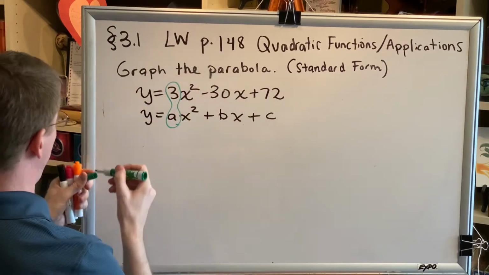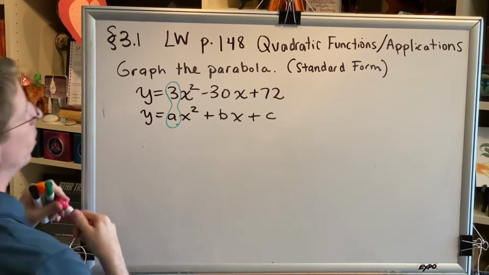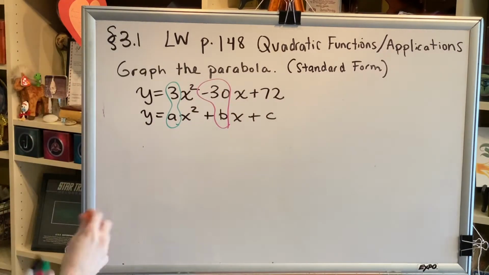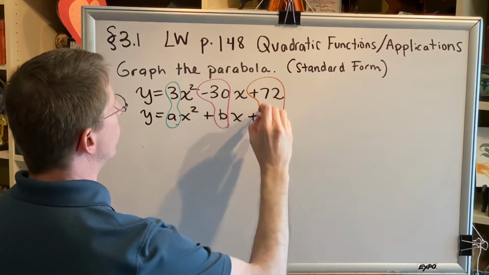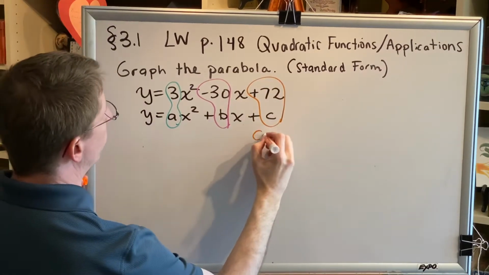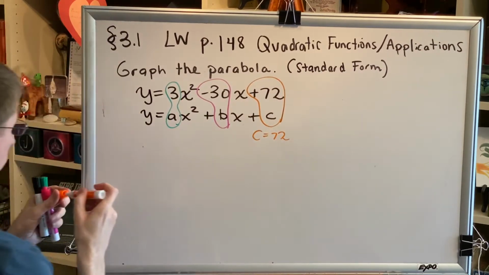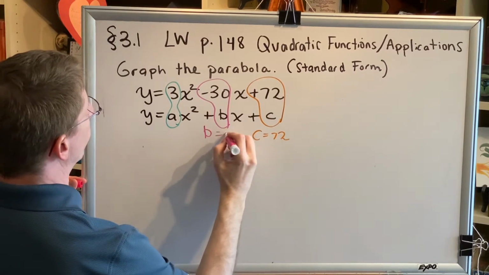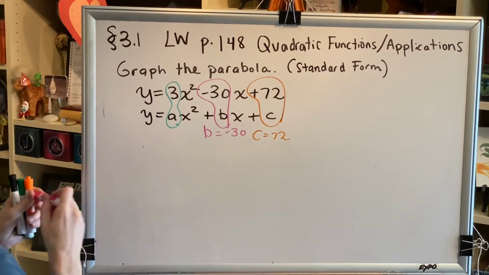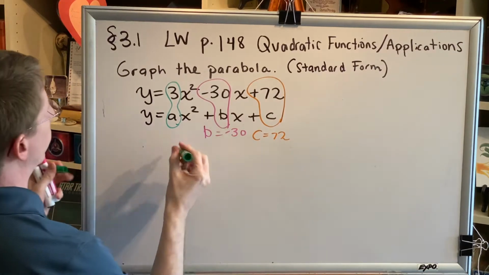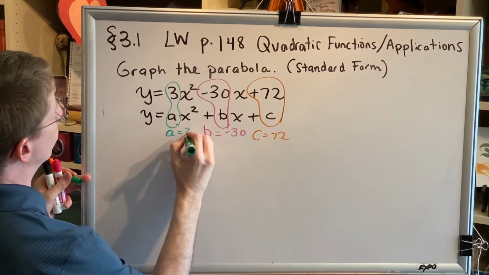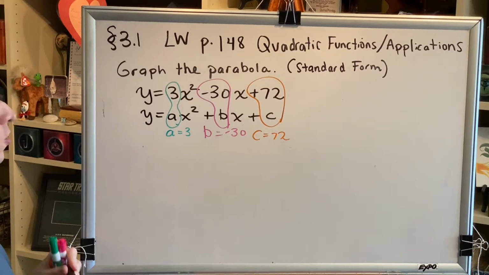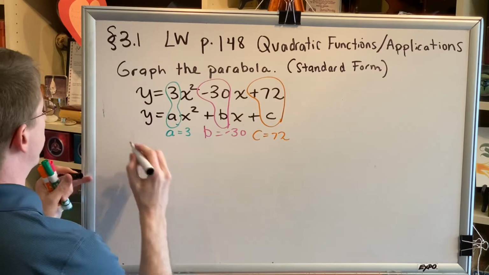A is 3. B is negative 30. C is positive 72. Okay, so now we have to use these values to find our vertex.